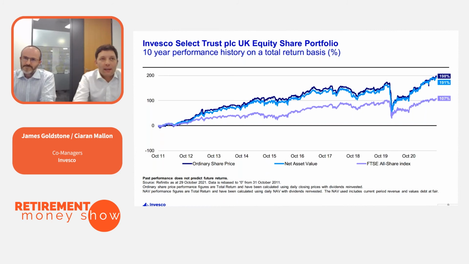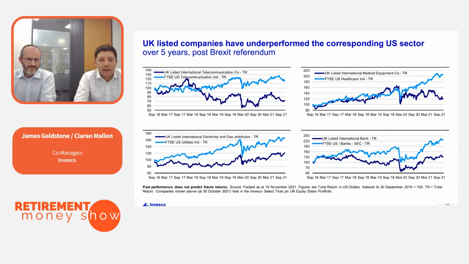So if we just look quickly at the next slide, I think there's a perception that the reason that the UK stock market has underperformed the US is all down to the technology sector, where we're all users of these mega tech platforms, and they're all quoted in the US and they just don't exist in the UK, and that has certainly been a factor. But actually, it's not the only explanation.